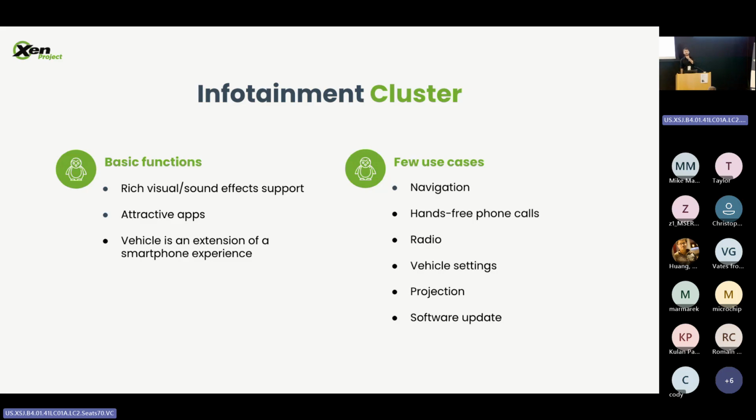Projection is another term which means the smooth pairing of your personal gadget with your vehicle to enable using your favorite apps for navigation, playing music, making your driving experience better. And software updates. That's also crucial nowadays.